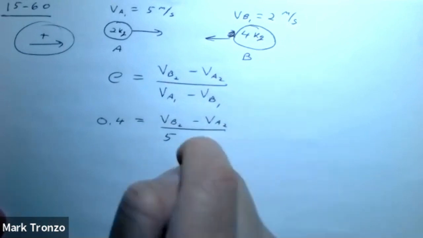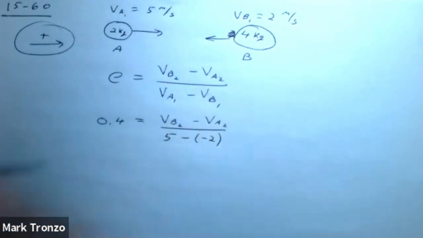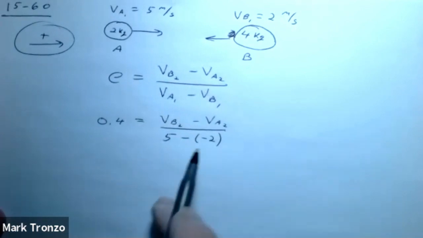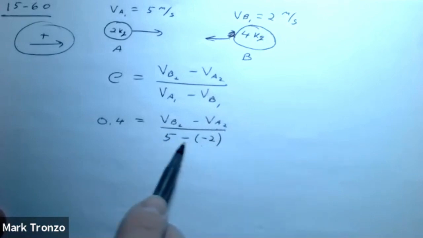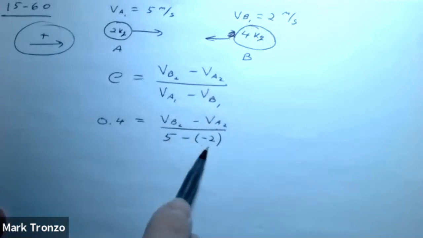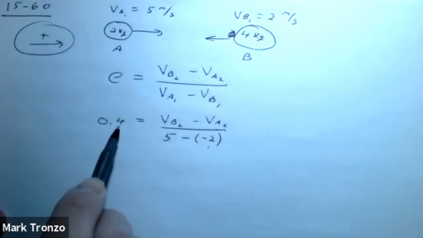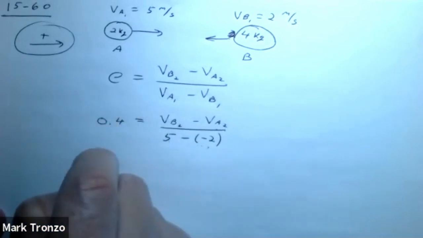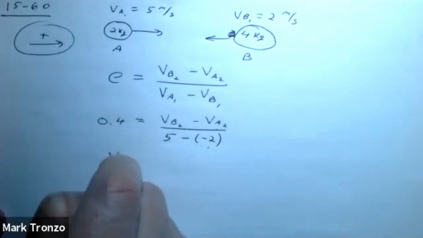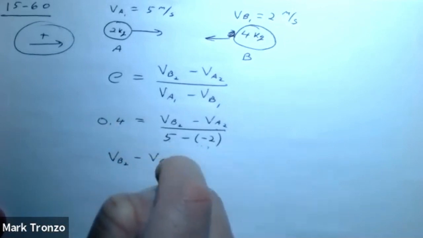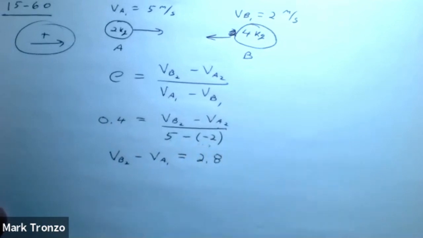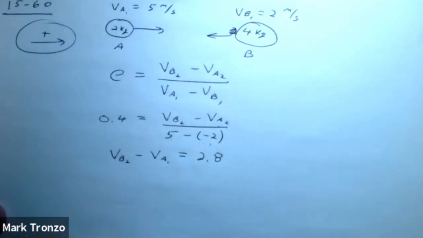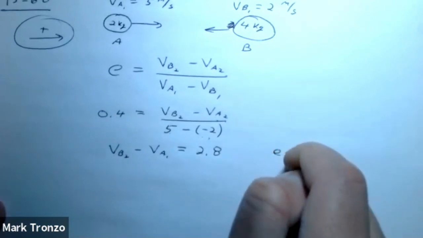For VB1, that's going to be a -2. So we have 2 unknowns in one equation, so we can't solve this yet. So this is going to be 7. If we multiply 7 times 0.4, this is going to be VB2 minus VA2 equals 2.8. And we'll call this equation 1.